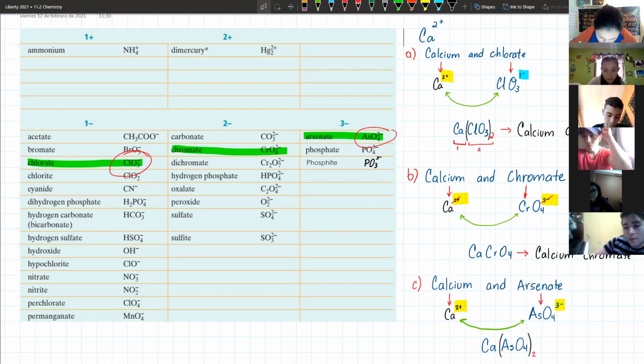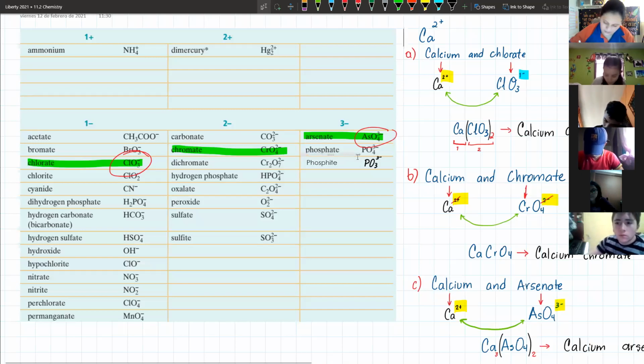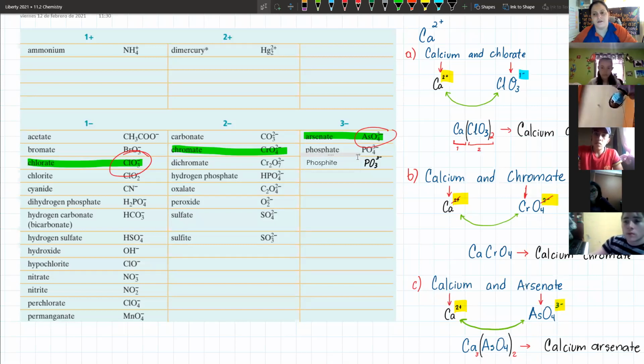Next to calcium, just like that. After this, how can we name it? Calcium arsenate.